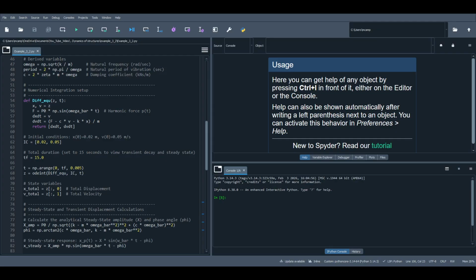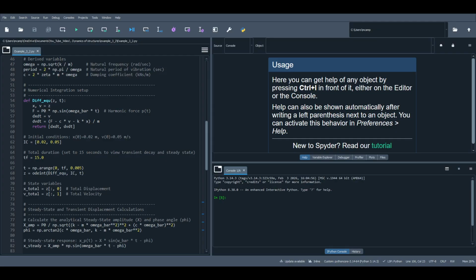The displacement at time 0 is 0.02 meter, 2 millimeters, and the velocity is equal to 0.05 meter per second. TF is the total duration for the calculation, and T is the time variable between 0 and the maximum value TF with a step of 0.05 second.